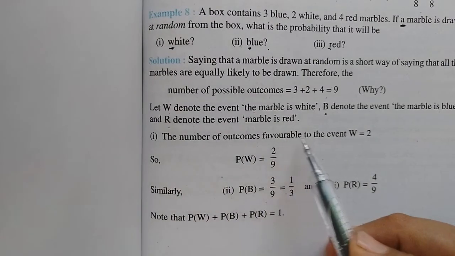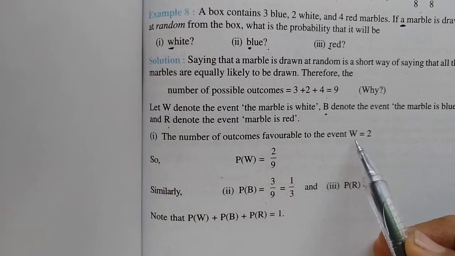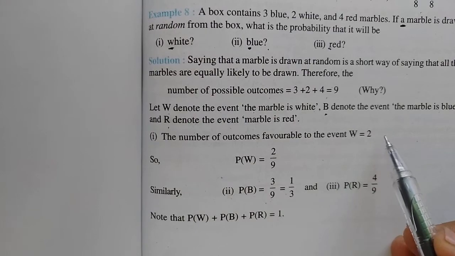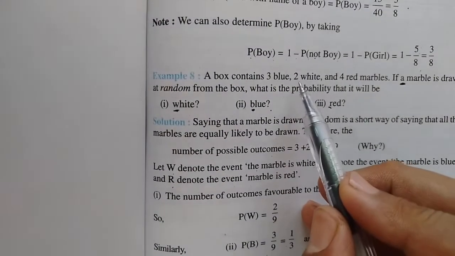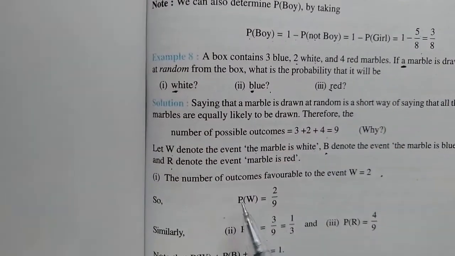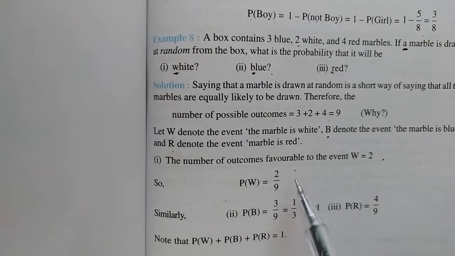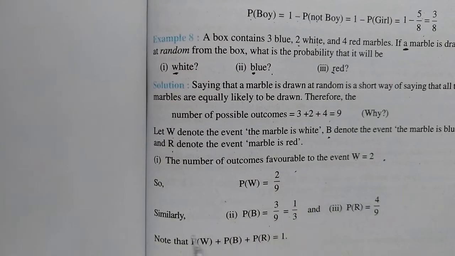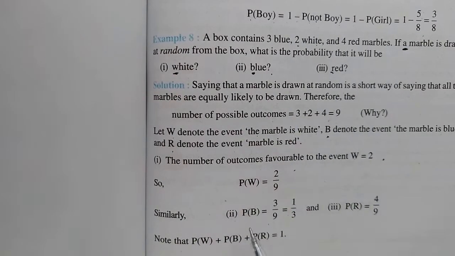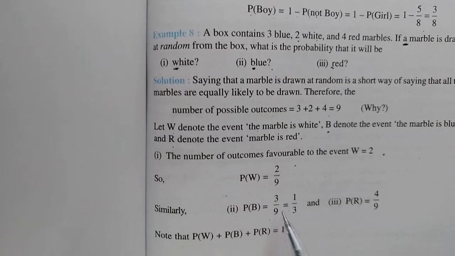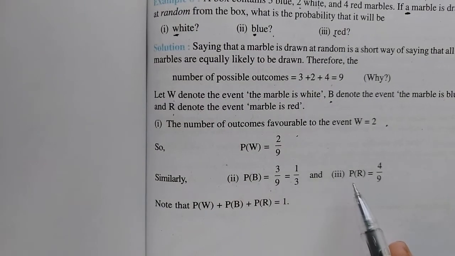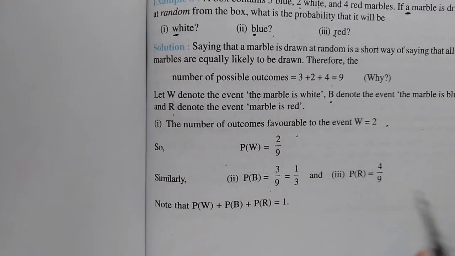The number of outcomes favorable to the event W, that is a white marble, is 2. Here it is given 2 white marbles. So P of W is equal to what? 2 by 9. Similarly for blue, P of B equals 3 by 9, that is 1 upon 3, and P of R equals 4 by 9.